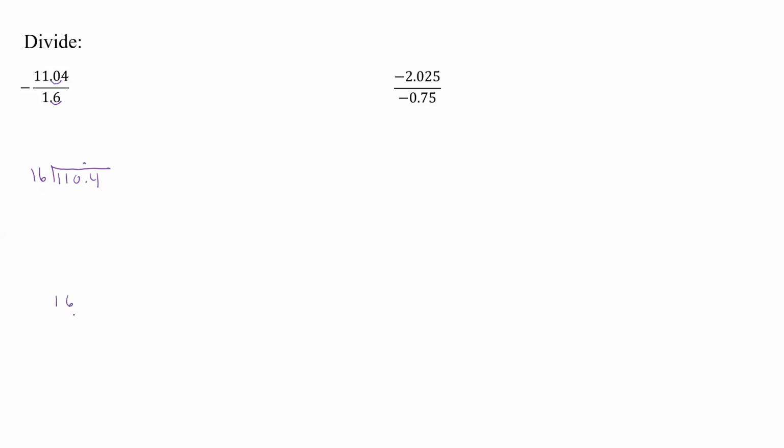Let's try 16 times 7. So that's going to be 42. So that's going to be 11. That's too big. So 16 times 6. That's 36. That's going to give us 96. So that'll work. So we have a 6 here and then 96.